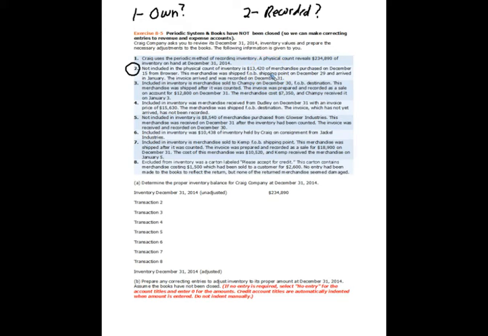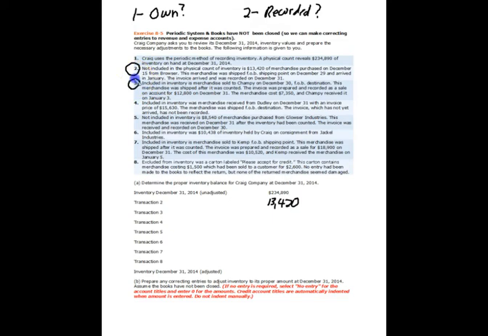So we own the goods. We got the invoice before year end and we recorded it. But what we didn't do is that the goods were not included in our physical count. So we need to add that $13,420 of goods to our ending inventory. They just didn't get included in our physical count.